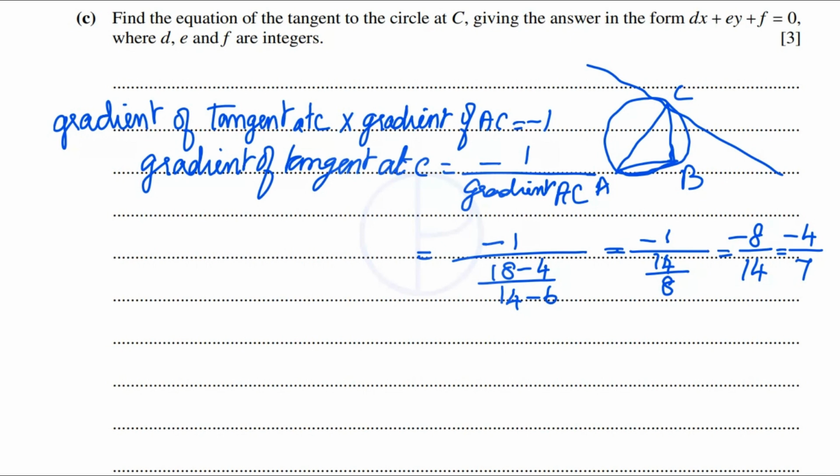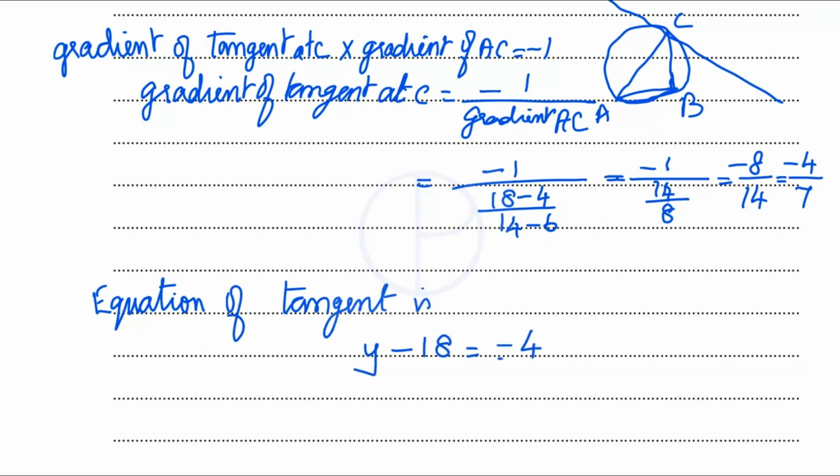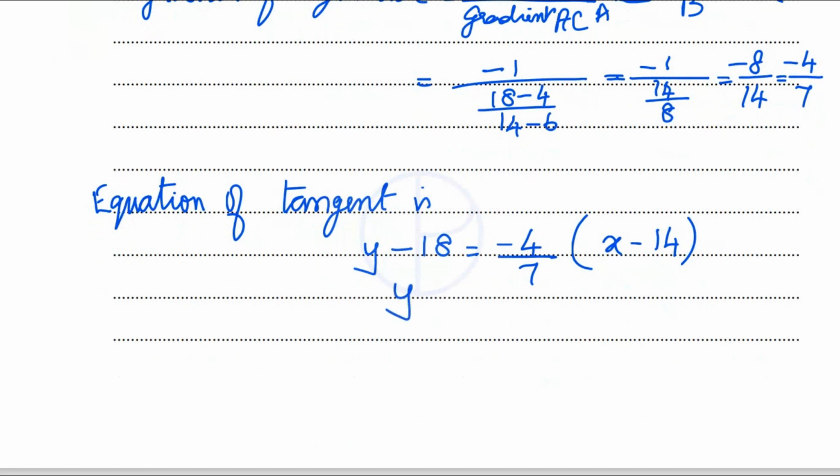Okay, let's write the equation of the tangent. y minus 18 equal to minus 4 over 7 multiplied by x minus 14. y minus 18 is equal to minus 4x by 7 plus 4 multiplied by 14 divided by 7, which gives 8.